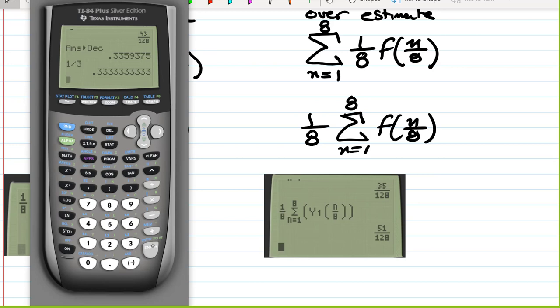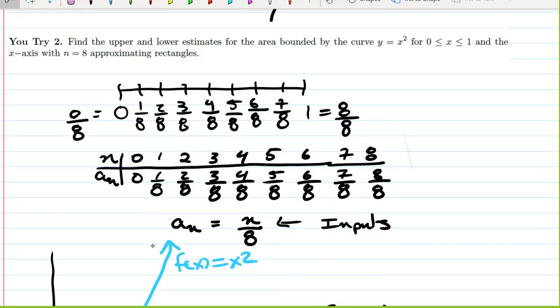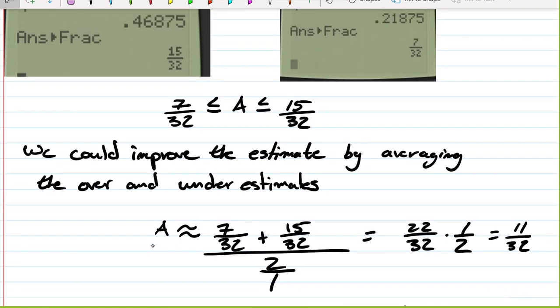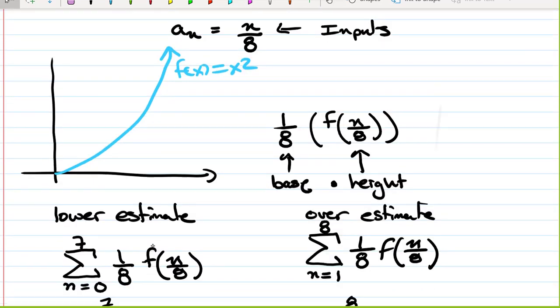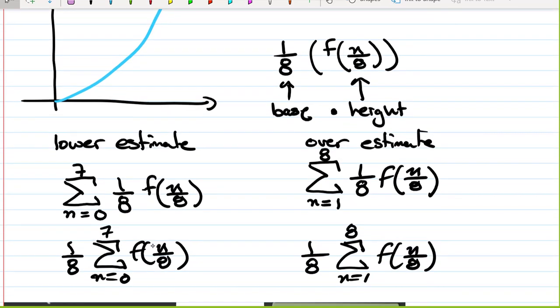So our approximation is accurate to 2 decimal places, which isn't too bad considering we only used 8 rectangles to approximate this. As you might have guessed, when we did 4 rectangles, we got an okay approximation. When we did 8 rectangles, it got better. Well, if I did 100 rectangles, it's going to get much better.